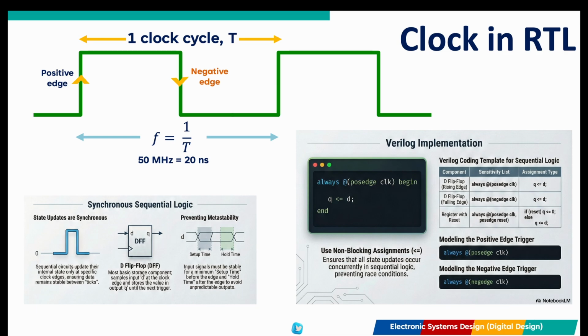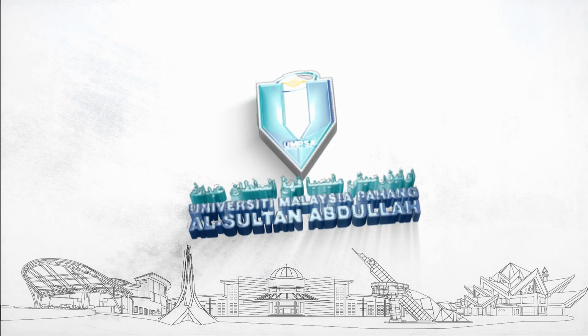By applying virtual inputs to your circuit on the falling edge, you guarantee that the signals are perfectly stable by the time the actual hardware samples them on the next rising edge, effectively avoiding setup and hold time violations in your simulation.